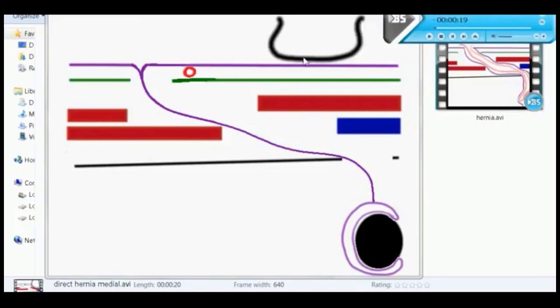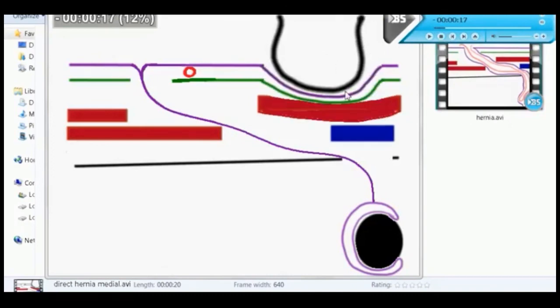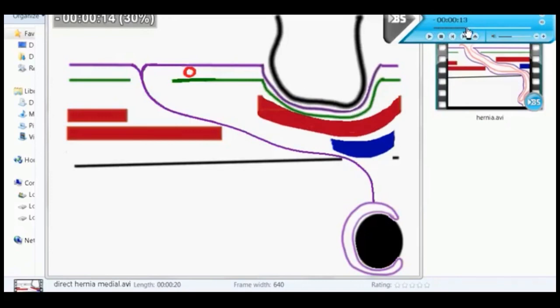So if you see here, what will happen then? The intestine will push the peritoneum, the fascia transversalis, and the conjoint tendon, with its reflected part. You can see what will happen here. You see, the intestine. This is a medial direct inguinal hernia. It pushes the peritoneum and conjoint tendon. Remember the conjoint tendon is behind the superficial ring.